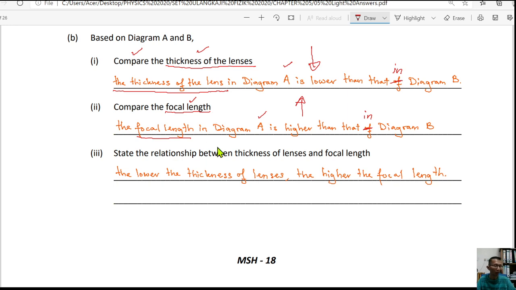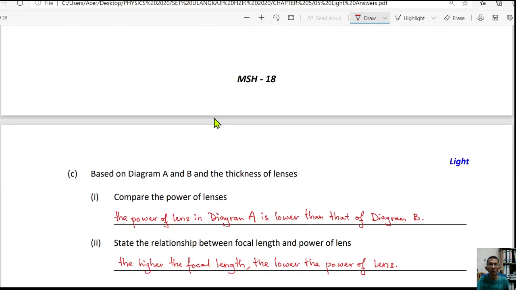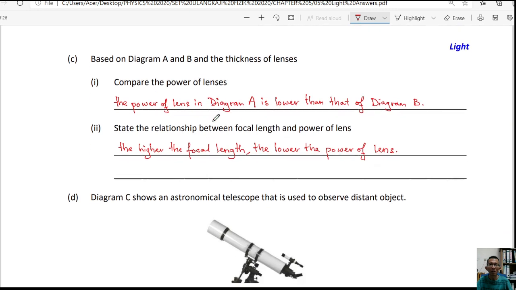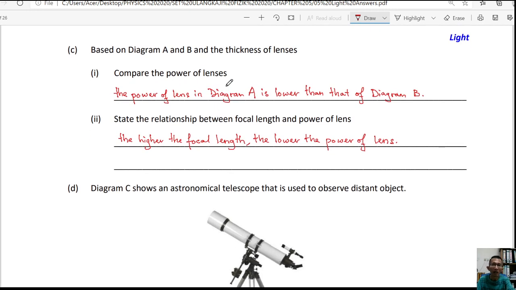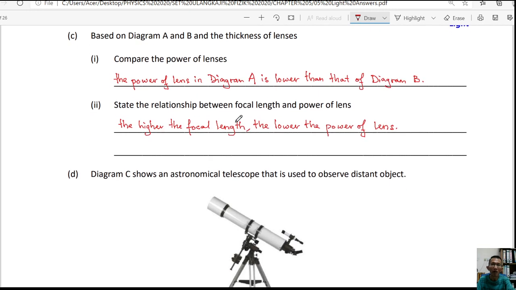All right. So let us move on. Okay, so based on diagram A and B, and the thickness of the lenses, compare the power of lens. All right, so how do we measure or how do we calculate power? So power equals to 1 over focal length.